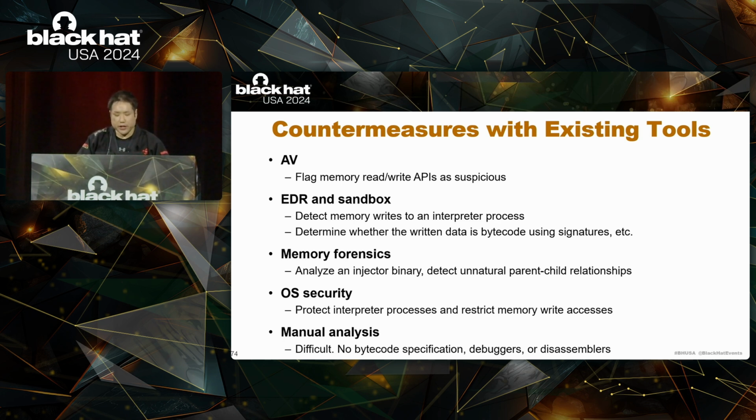First, antivirus may be able to determine an injector as suspicious based on APIs used for bytecode Jiu-Jitsu, such as memory reads and writes. Second, EDRs and sandboxes can detect memory writes to an interpreter process and determine whether the written data is bytecode with signatures or something like that.